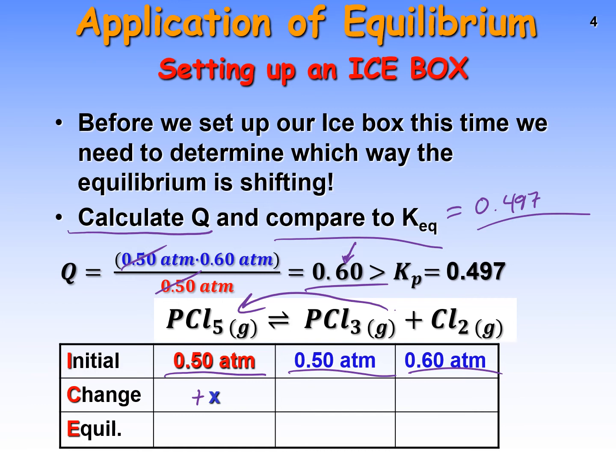And the only way you would have known that is if you calculated Q and compared it to K. At this point, then we can go, okay, minus x for the products because we're shifting away from the product side, i.e. decreasing the products, increasing the reactants. And finally, we just add our two rows.